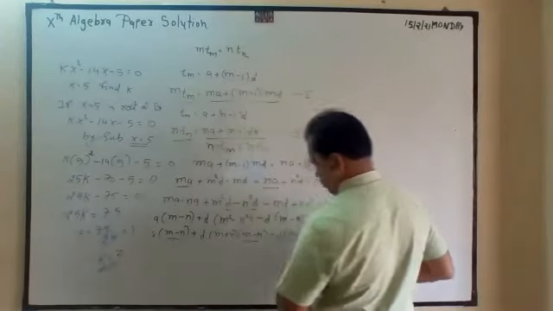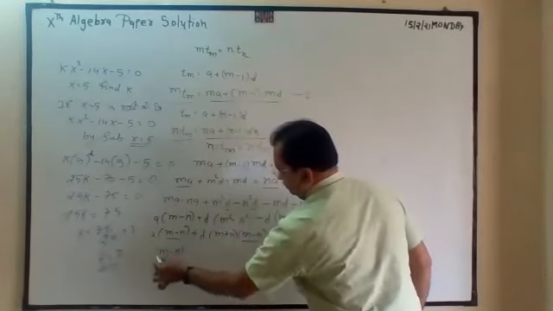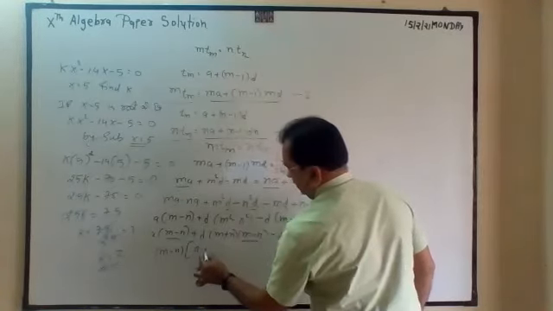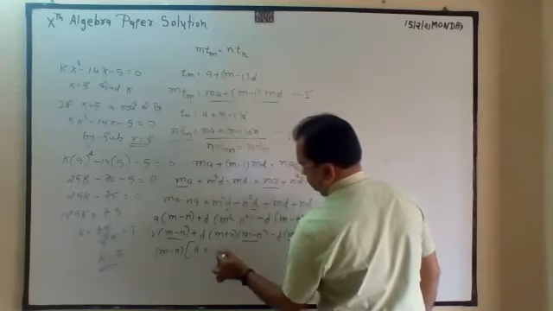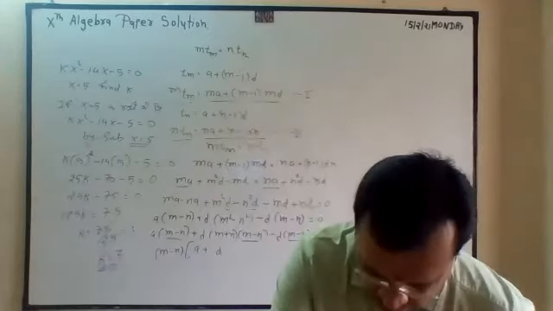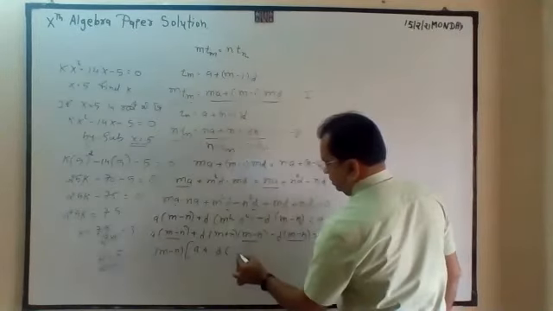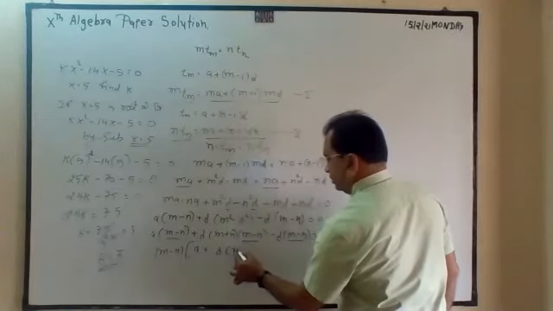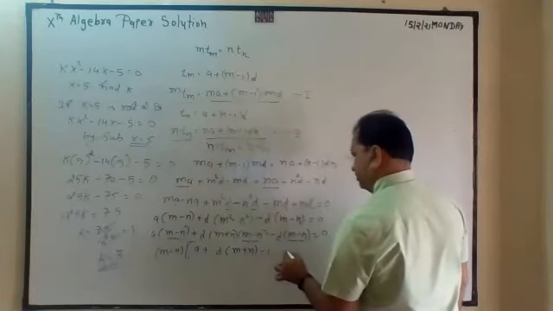Overall common: (m minus n) times (a plus d(m plus n minus 1)).